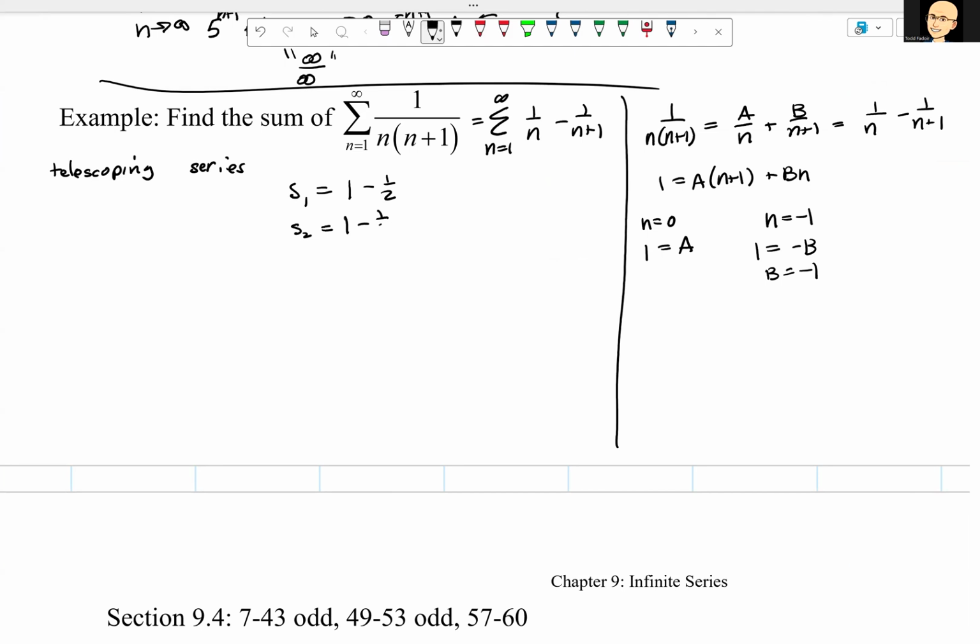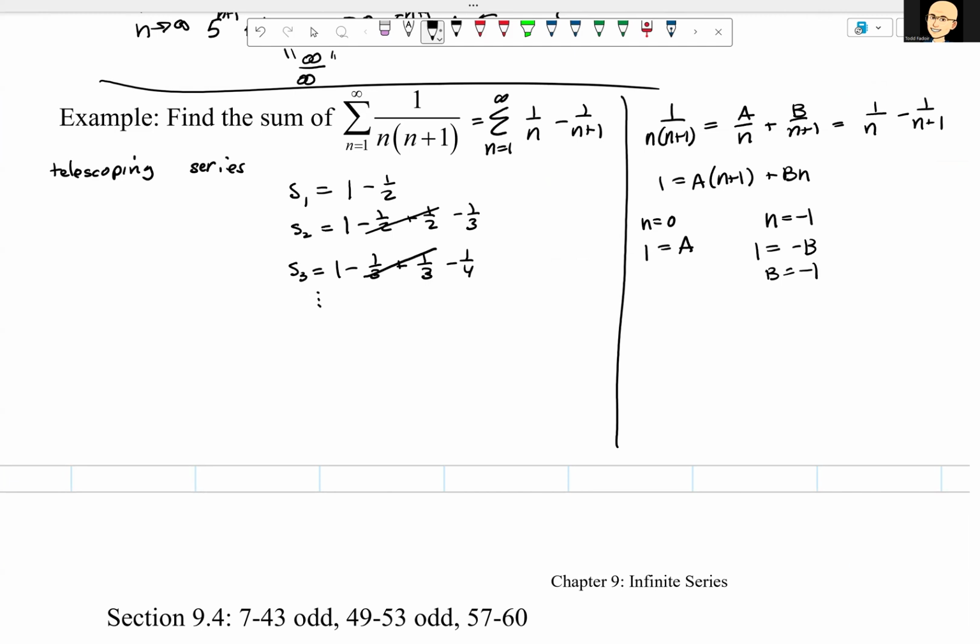It's 1 minus 1/2 plus the term when n is 2, which ends up being plus 1/2 minus 1/3. Well, take a look. Oh, those cancel. What about the third partial sum? That'd be 1 minus 1/3, the thing that remains from the second partial sum, plus, and now n is equal to 3, plus 1/3 minus 1/4. Wait, now those two terms cancel.